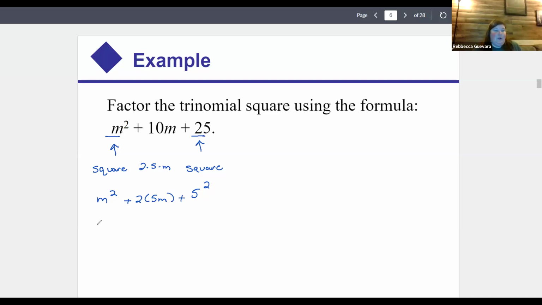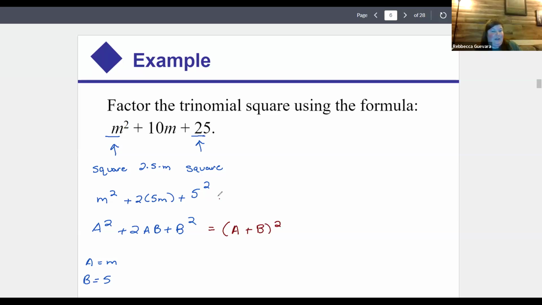So this is of that form where we had a squared plus 2ab plus b squared, because we're saying that a is representing the m, and b is representing the 5. Since we know this, if we go back to our rules on the previous page, this is actually going to be a plus b squared.